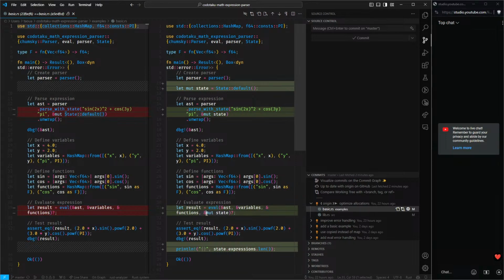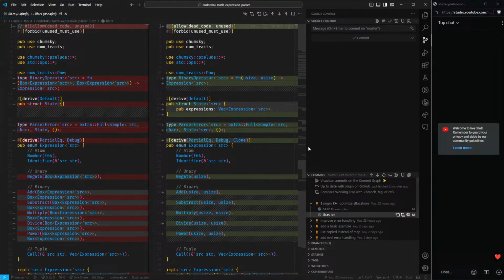Mutable state, we pass in the state, and we check the result. Nothing crazy there. And here we print how many tokens we have pushed into the vector.